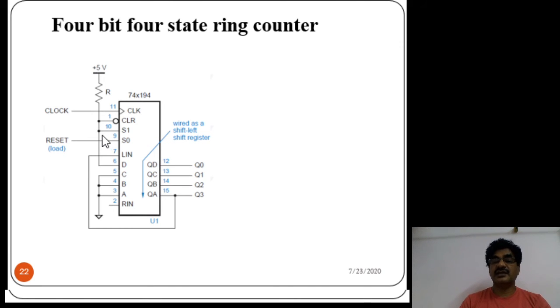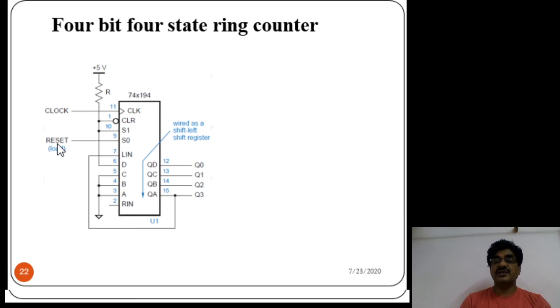Here in this circulator, I am using the left shifting operation. Left shifting is achieved when S1 is 1 and S0 is 0. That's why S1 here is connected permanently to logic high, whereas S0 is connected to a reset pin.